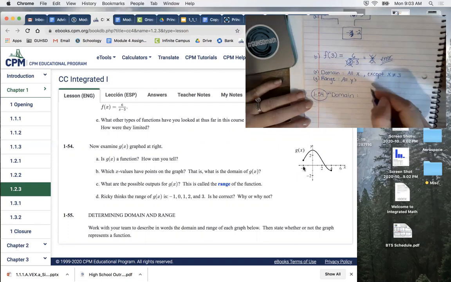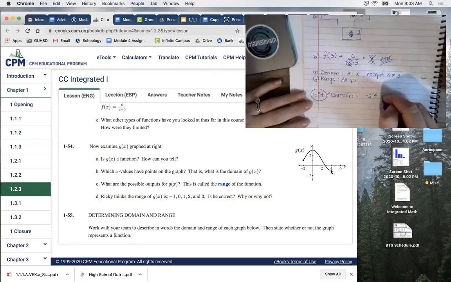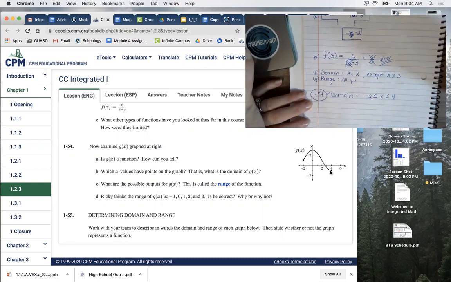I use all x's from -2 all the way to, and I'm going to put less than or equal to because I use the 4. I use them from -2 all the way over here. Again, I'm looking at x values all the way to 4. And 4 is included because this is a closed circle. If this was an open circle, you would not put the equal sign because you don't actually use 4. But I use all x's from -2 to 4 on this graph, -2 to 4.